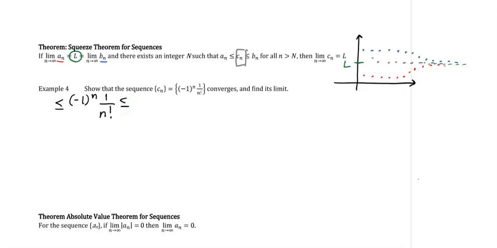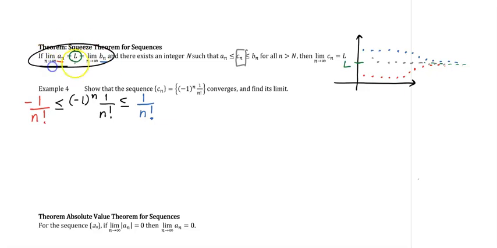Well, we can easily do that because if I need something that's bigger than this sequence, I can just choose positive 1 over n factorial. Sometimes it'll be equal. If this comes out to be a positive 1, they'll be equal. But if that comes out to be negative 1, then I'd have made sure that the right side is larger. Similarly, on the left side, I'll just choose negative 1 over n factorial. So I have that squeezed in between two sequences, a sub n and b sub n.